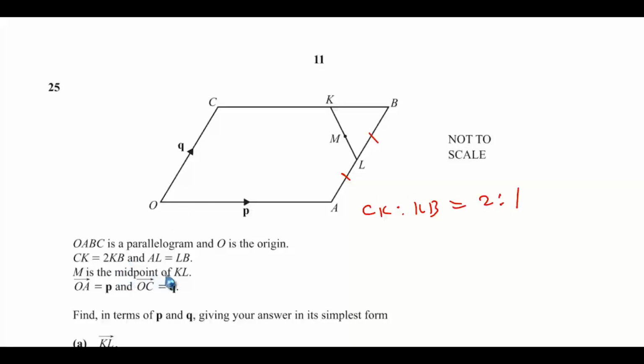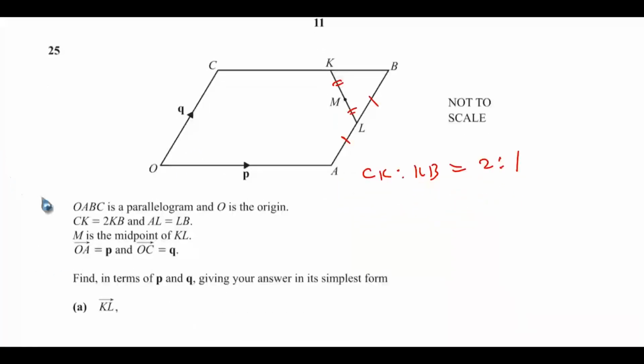M is the midpoint of KL. If M is the midpoint of KL, that means KM and ML are also equal. OA is equal to P and OC is equal to Q. Find in terms of P and Q, giving your answer in its simplest form.